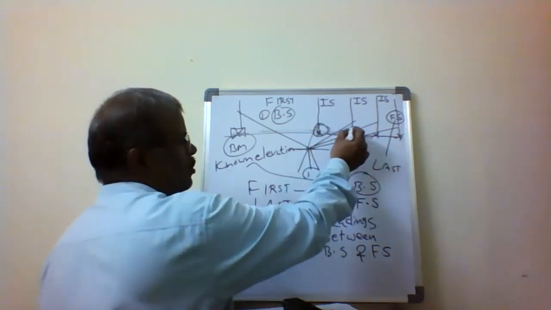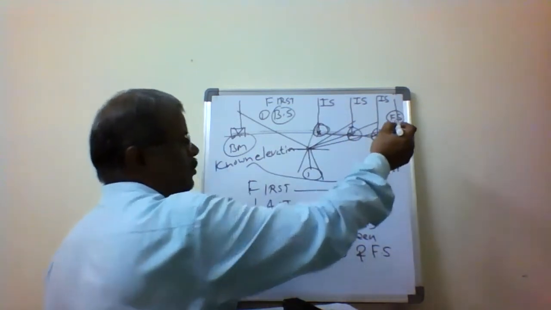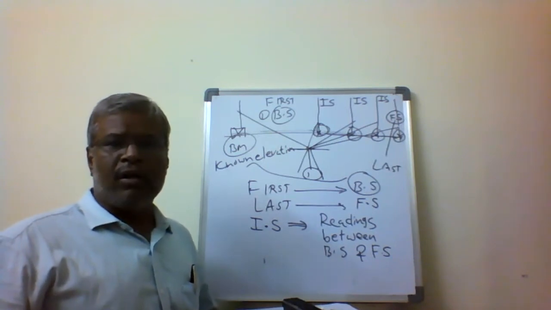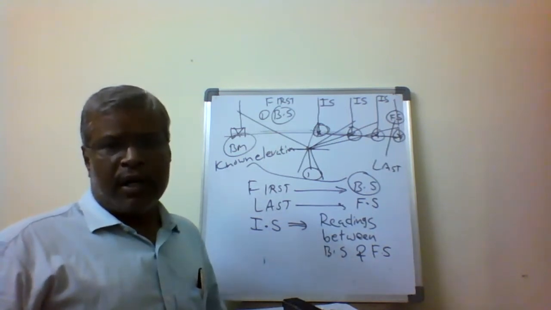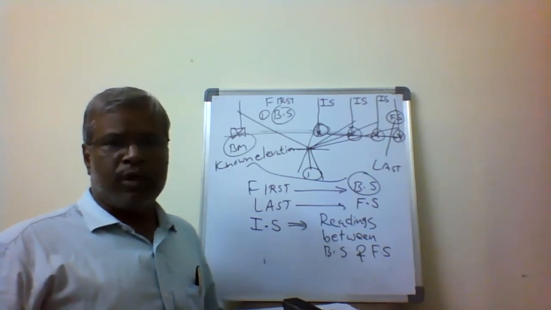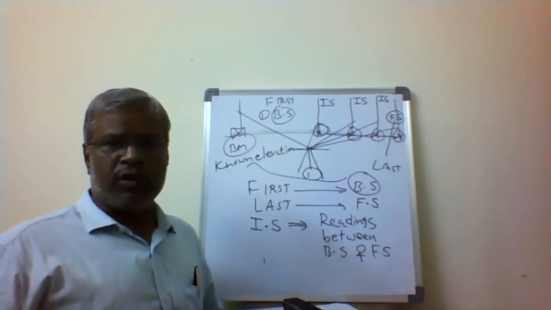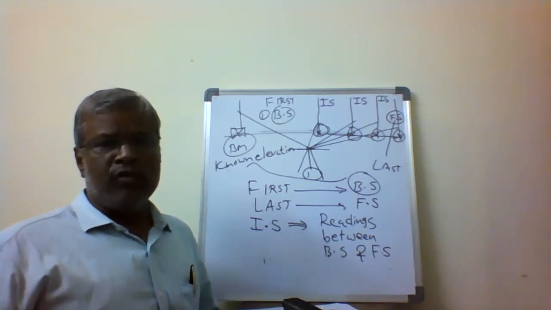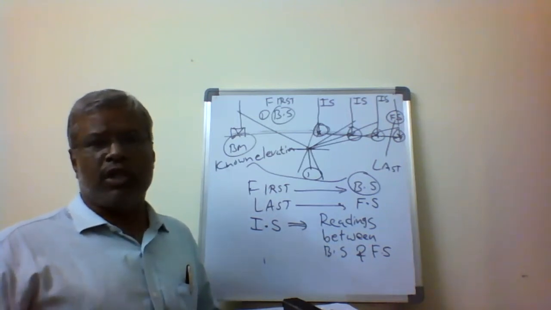This is unknown, this is unknown, this is unknown, and this is unknown. Intermediate sight readings and the foresight reading are all unknown. Known elevation is the benchmark, and from that we carry out the progress of the work. We take the staff readings, intermediate sight, then foresight is the last reading before shifting of the instrument.